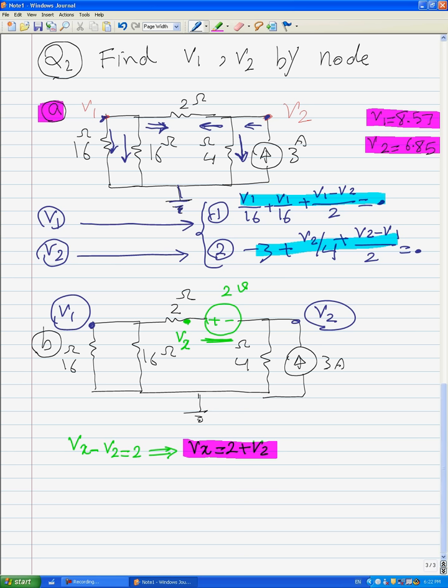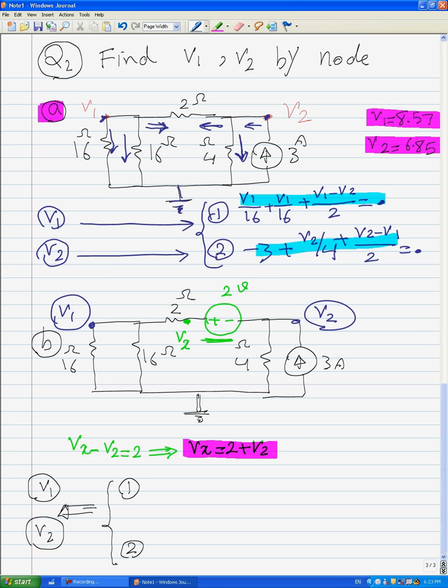Again, V1 and V2 are unknowns, and for finding V1 and V2, we need two equations which are obtained in node 1 and node 2. Okay, the equation in node 1.